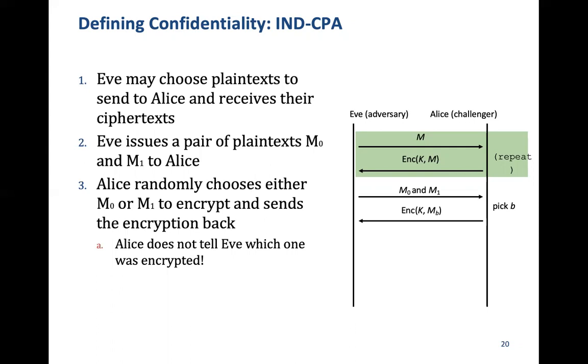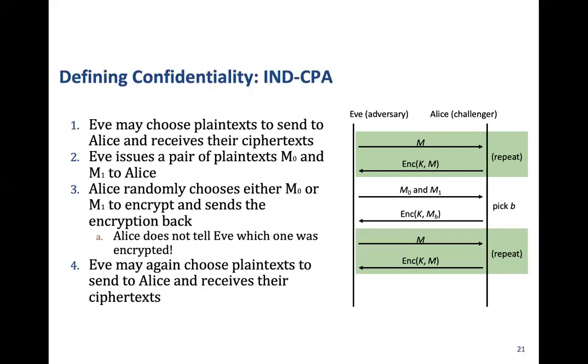Of course, Alice doesn't tell Eve which one was encrypted. Now after this, Eve, if she wants, can again send plaintext of her choice and get the ciphertext back.